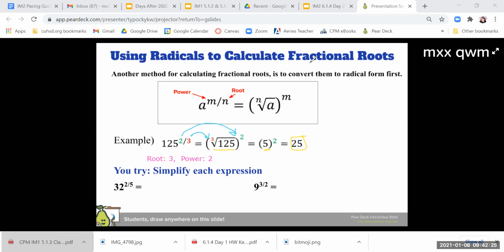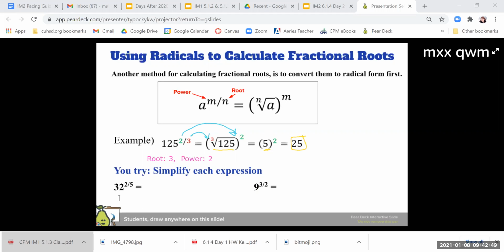So we're going to follow this similar process for these next two. You could do this with the repeated multiplication method, which we were doing on the previous slide, or you can turn it into a radical. So for the first one here, 32 to the 2/5, I'm going to identify my root and my power first so that I organize it correctly.